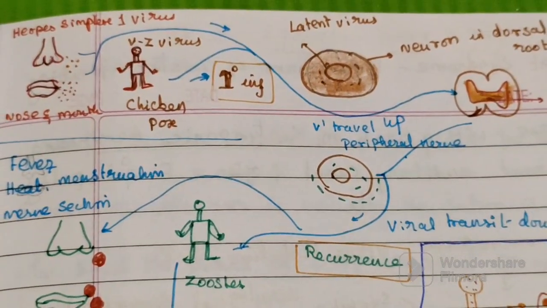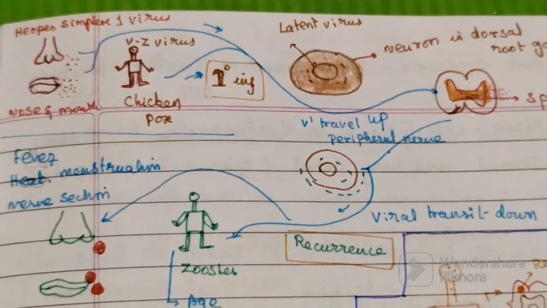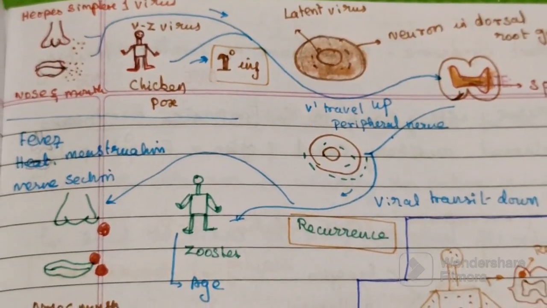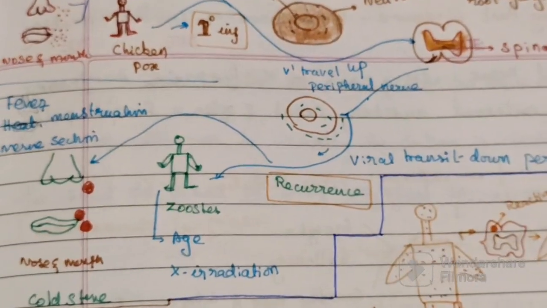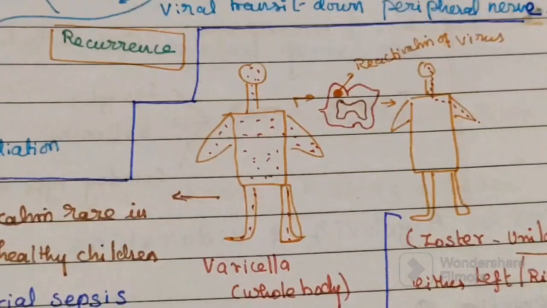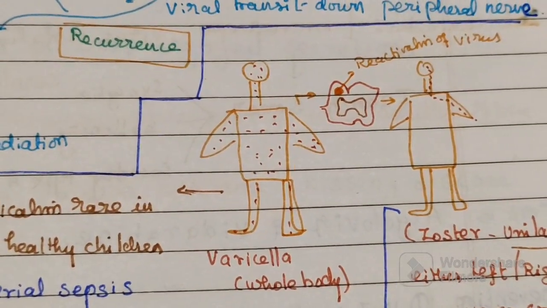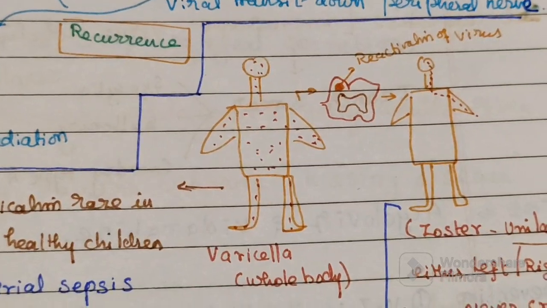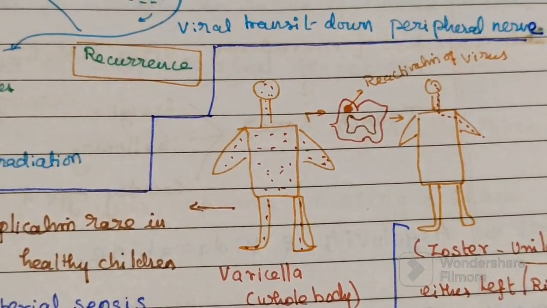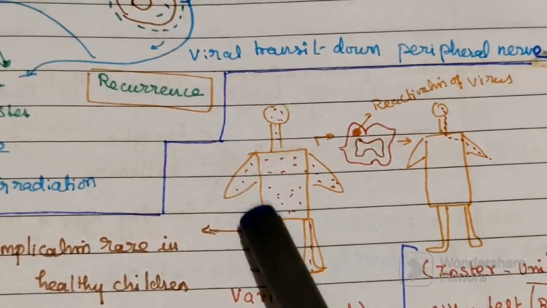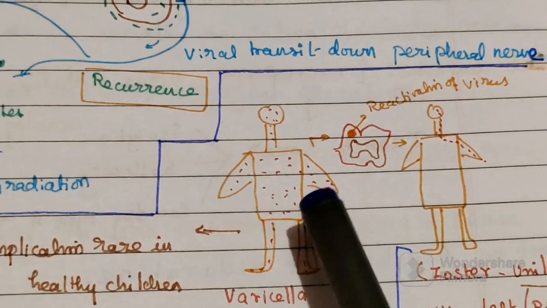The primary disease was chickenpox. The secondary disease is zoster, shingles. See the different distribution of rashes. Varicella: the whole body has lesions.